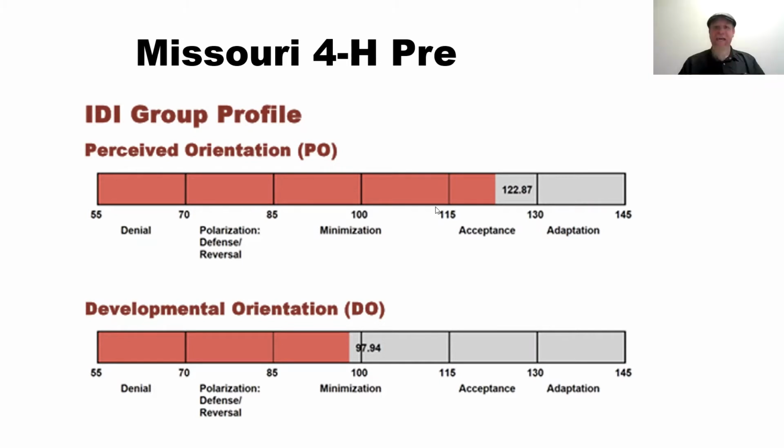That's their mindset. You can see that it's acceptance, and the developmental orientation is the place where they actually are. That's the skill set. Normally the perceived orientation is higher than the developmental orientation. So the people from 4-H in Missouri who were tested scored in the middle of minimization at that time.